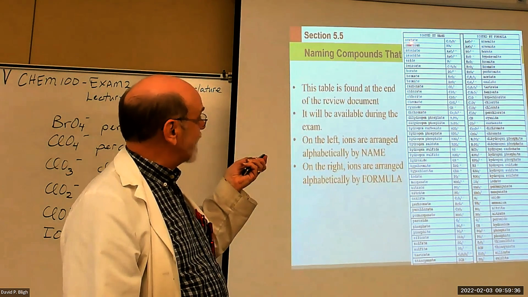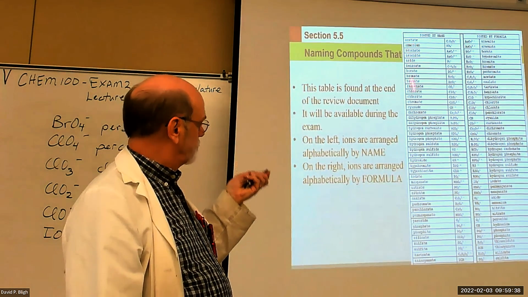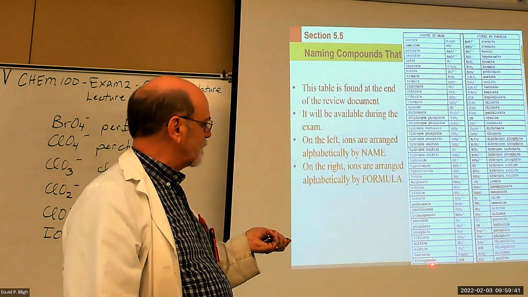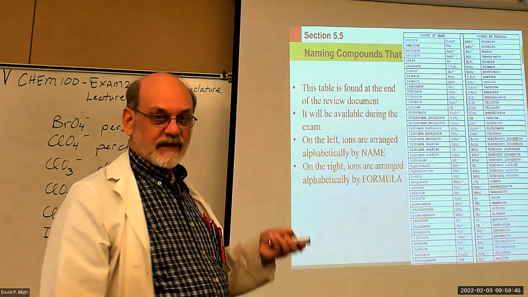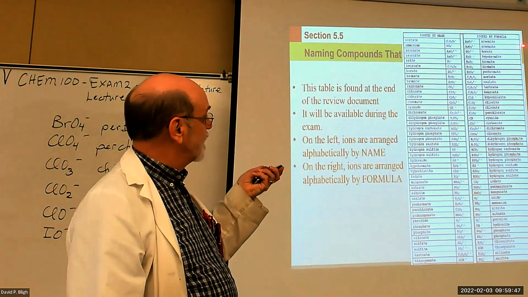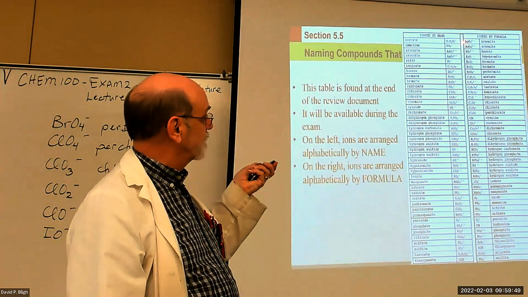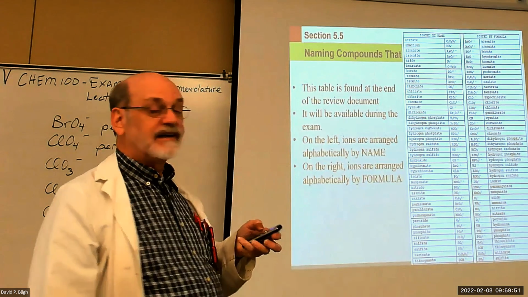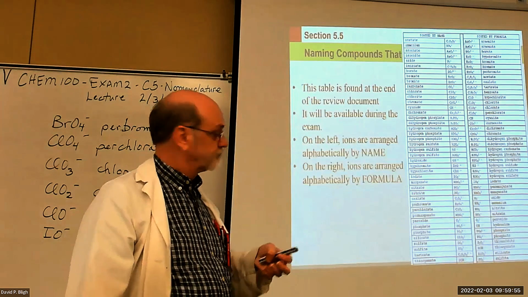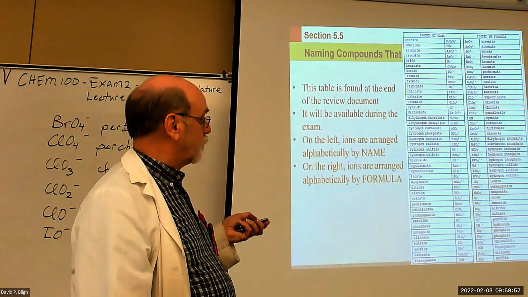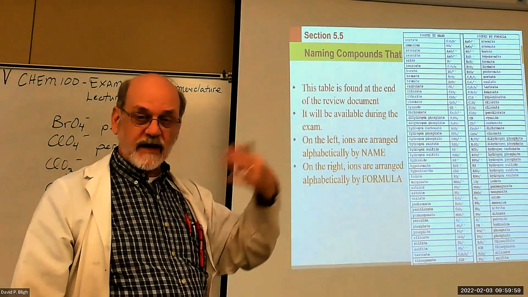So acetate at the top, all the way down to thiocyanate at the bottom. On the right, they're sorted by formula. So alphabetical formula puts AsO2, arsenite, first. So it depends on which one you're looking for and how you're looking for it as to whether you use the right side or the left side.